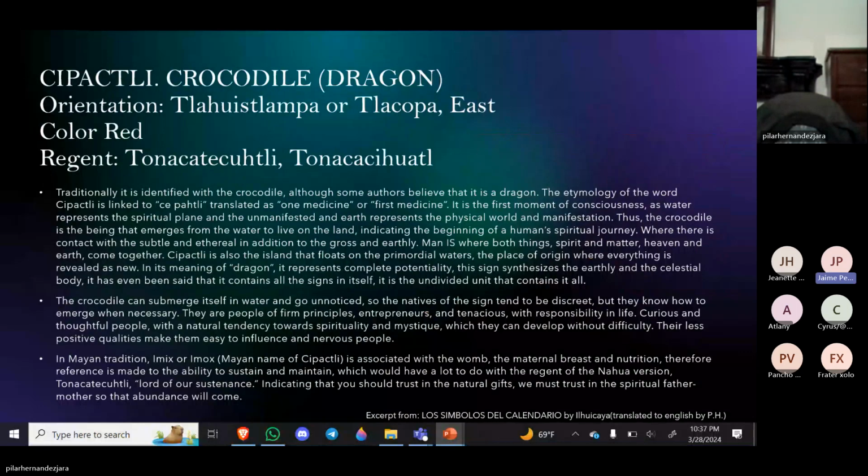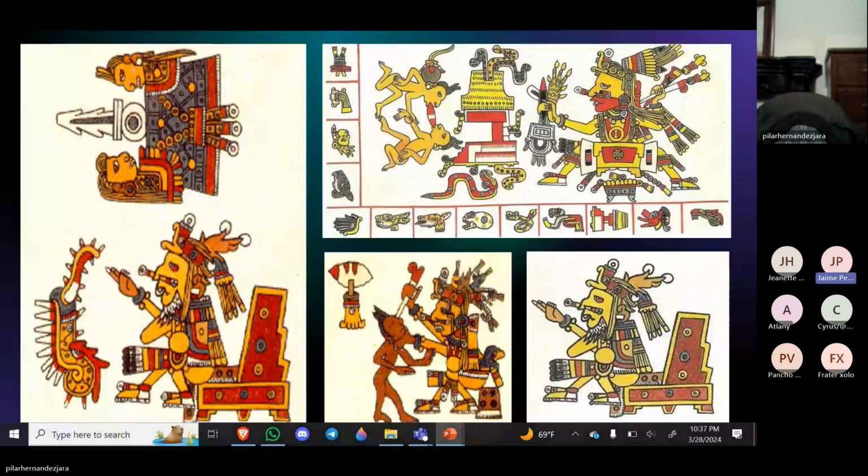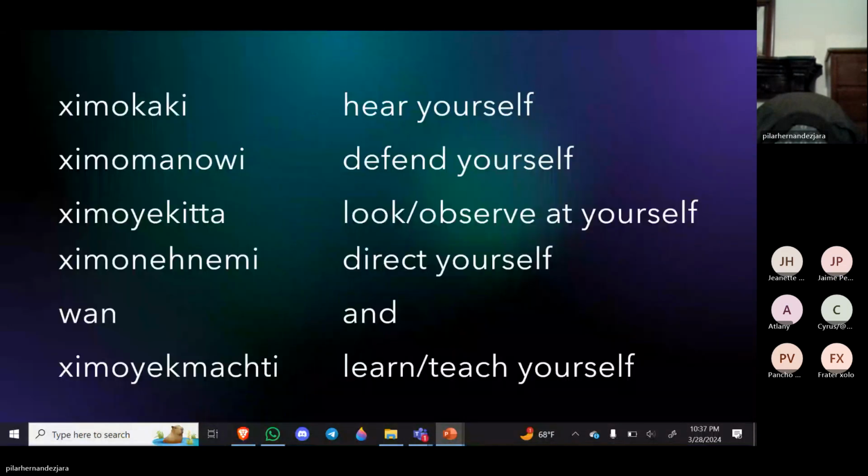So shimokaki means to listen to yourself. Shimomanoli, defend yourself. There you are. Shimoyakita, observe or look at yourself.